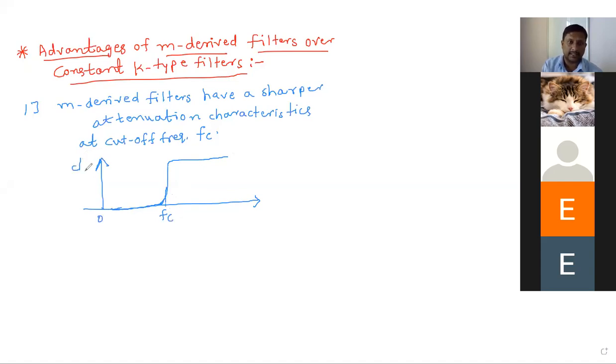So attenuation characteristics alpha here, and this is frequency. This is the stop band. This is the pass band. I have considered the attenuation characteristics of low pass filter. So here the sharper cutoff we are getting. That is the advantage.